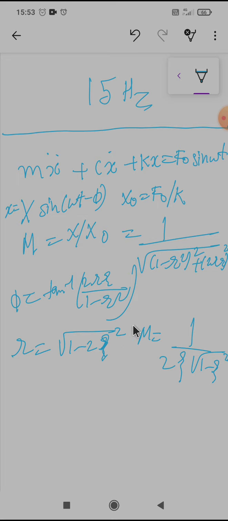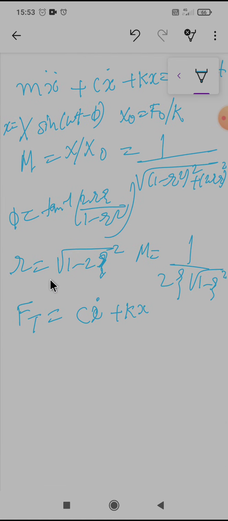Now the next topic we have seen is force transmitted to the base. So how much force is being transmitted? It is damping force plus spring force, so that is F of t. We found that F of t is nothing but F0 into M into under root of 1 plus (2 zeta r) whole square.